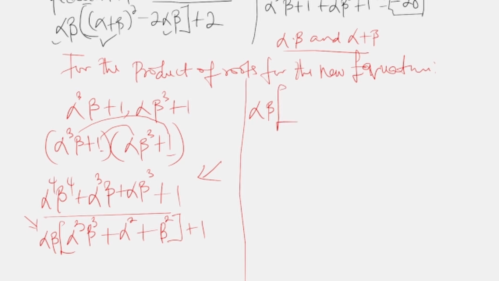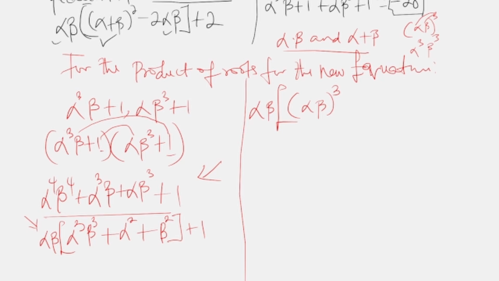Remember, this alpha cubed beta cubed can be written as alpha beta, all cubed, right? From the laws of exponents, if we have something like alpha beta to the power of 3, since they are multiplying inside, you can distribute the power inside and you'll be left with alpha cubed beta cubed, right? So that's based on the laws of exponents or the laws of indices.